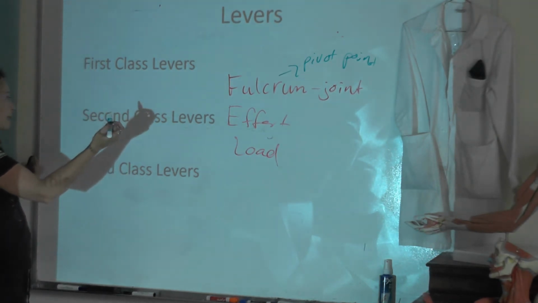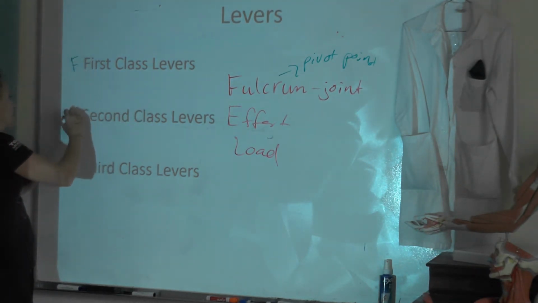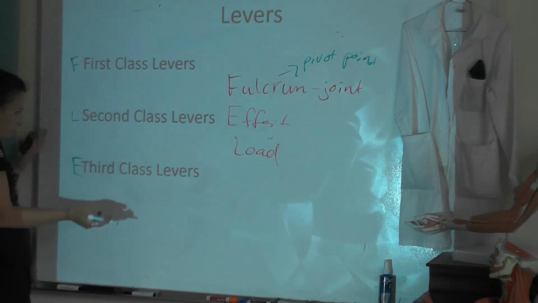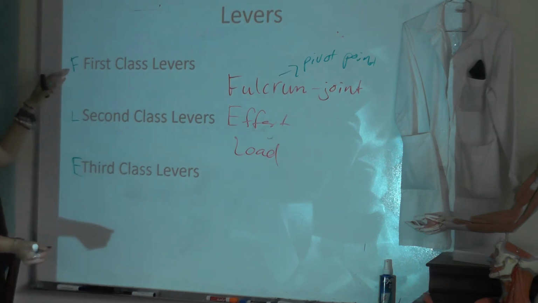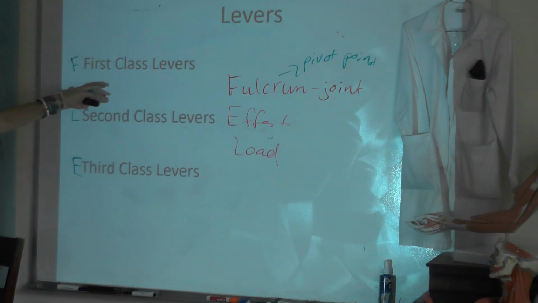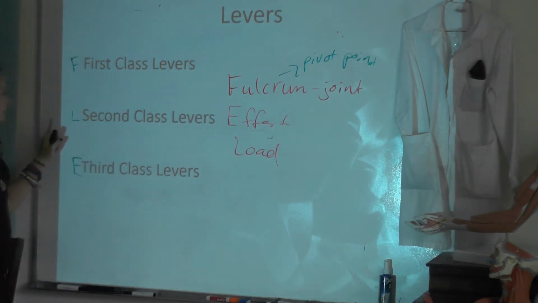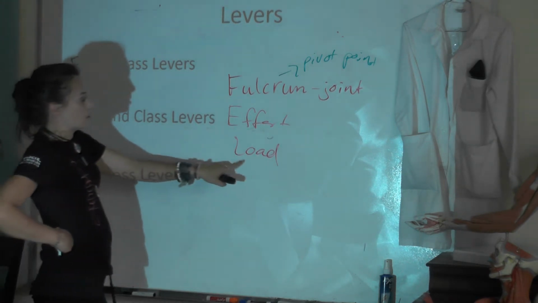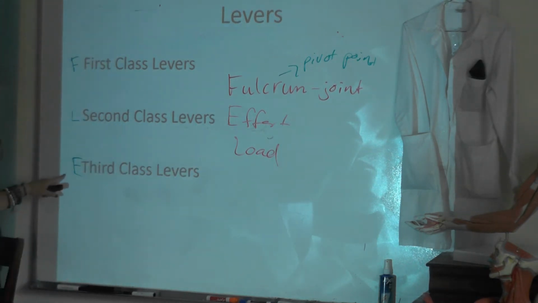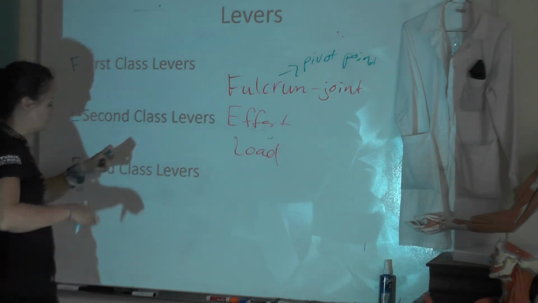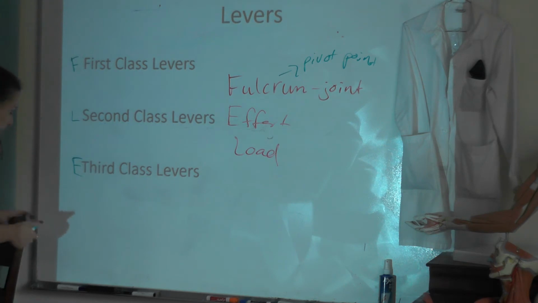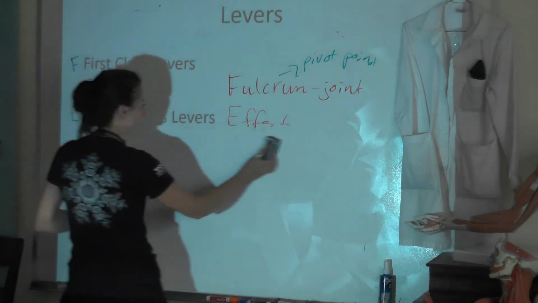I can make a word, FLEE. What is in the middle of a first class lever system is the fulcrum. What is in the middle of a second class lever system is the load. And what is in the middle of a third class lever system is the effort. What am I talking about? Let's talk about what I'm talking about.